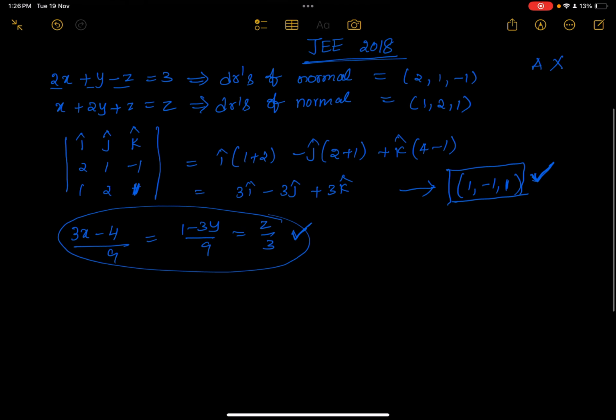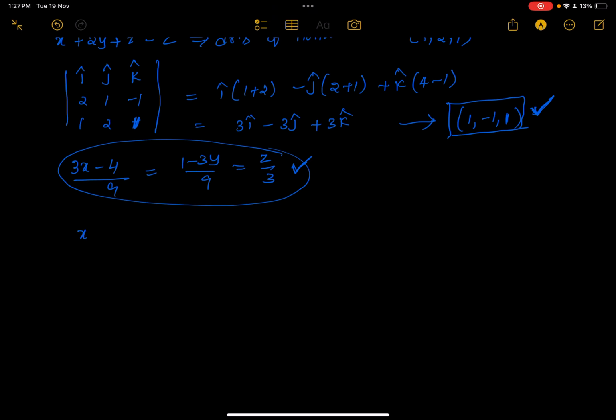So let us find the DRs first. This is (x minus 4/3)/3 is equal to (y minus 1/3)/minus 3 is equal to z/3. So the DRs of this line will be 3, minus 3 and 3.